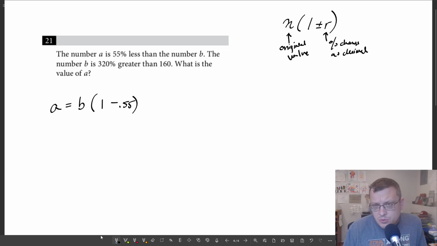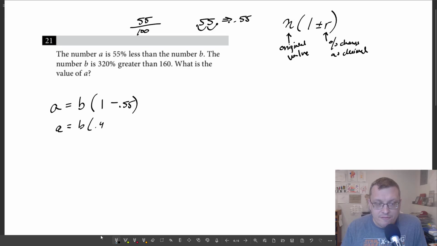The minus because we are decreasing, and then 0.55 because we have to take our 55% and turn it into decimal form in order to use it in this equation. So either we divide by 100, or equivalently, we move the decimal point 2 places to the left. Either way, we get 0.55. So this is the same thing as a equals b times 0.45, or a is equal to 0.45b. So let's hold that for a minute.